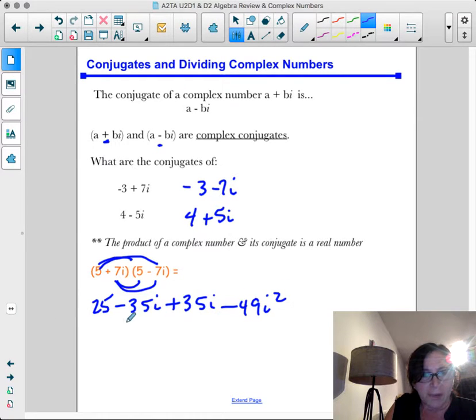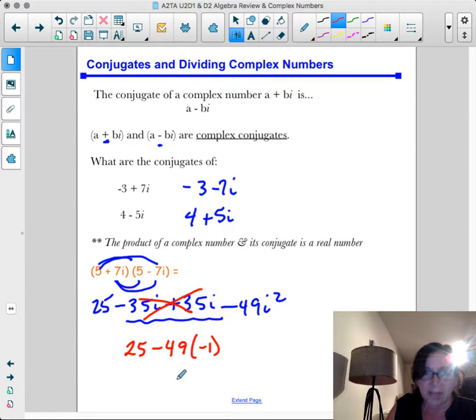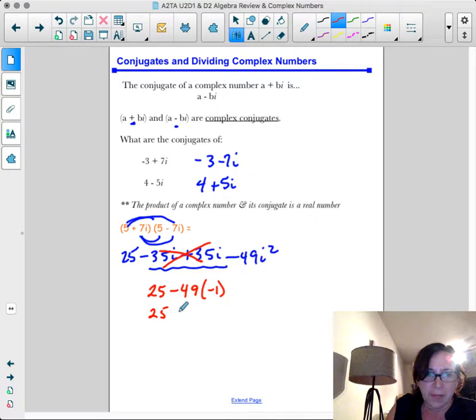So what we have here is these values right here canceling themselves out. That's going to happen every single time you multiply by the conjugate. Now we have left 25, and then remember that i squared is negative 1. So what we have is 25 plus 49, and that's going to be 74.